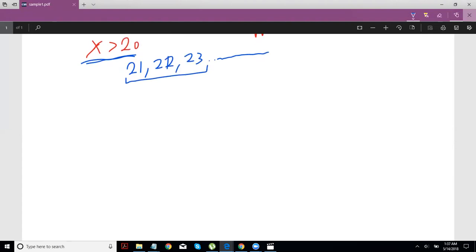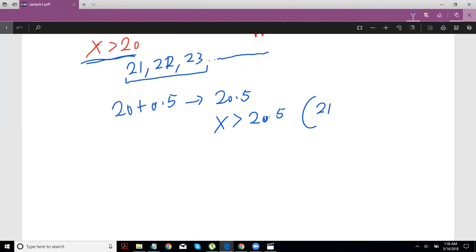In this case, if you add 0.5 and you get 20.5, I could very well write this as x is greater than 20.5, and you'd still say the integer values this would be valid for would still be the same.